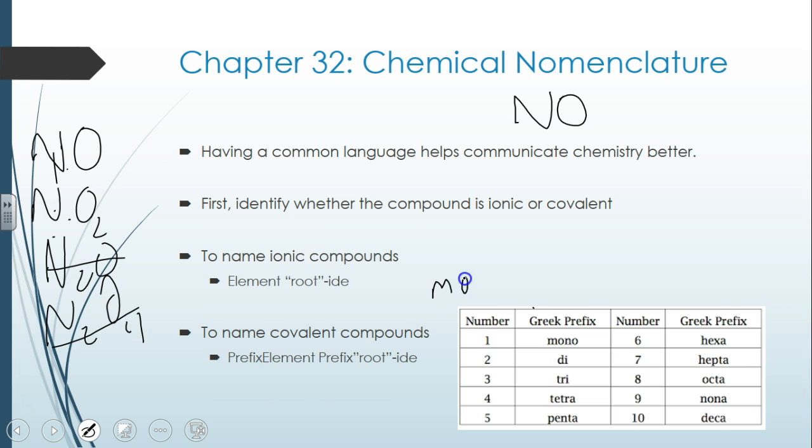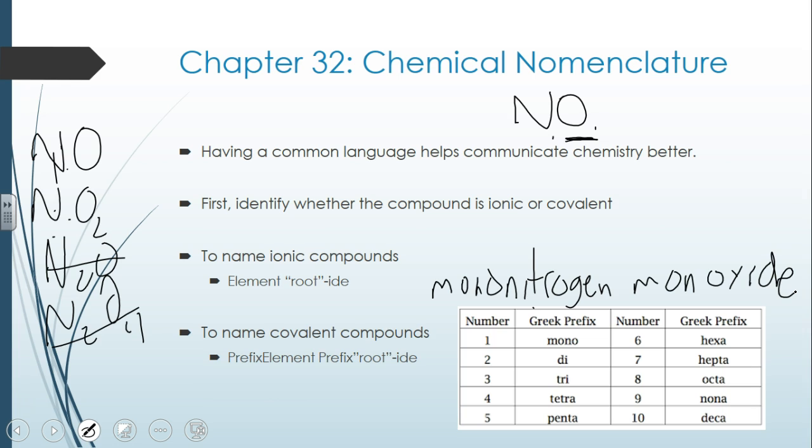So that's mono because it's 1. Mononitrogen. And then here there's 1 oxygen, so then it's monoxide.